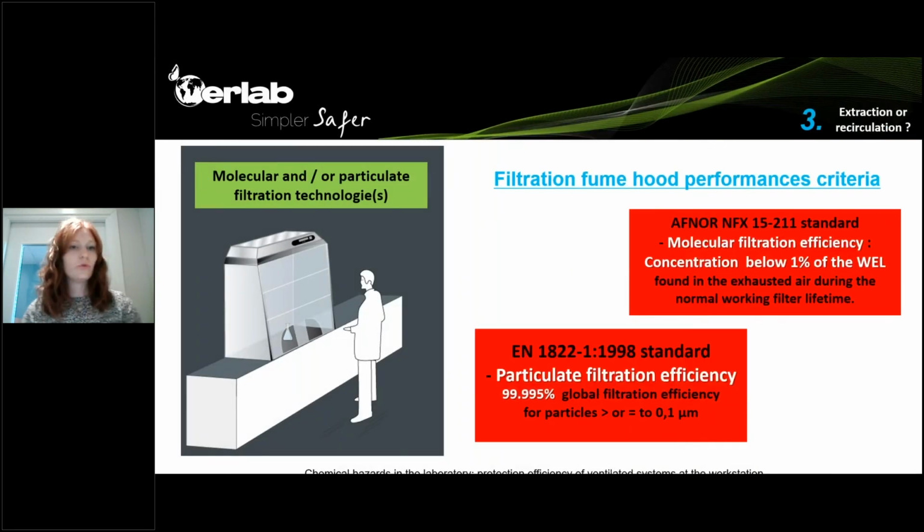So now we're going to move to the filtration fume hood. It works with HEPA and activated carbon filters, and there are two different performance criteria that can be used to check the safety of this device.